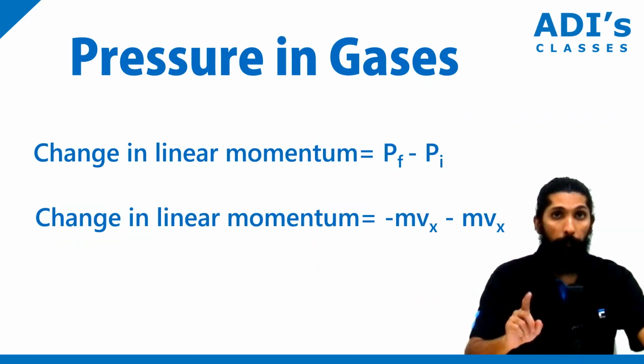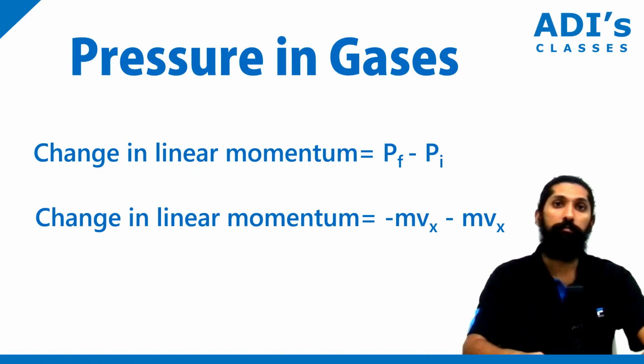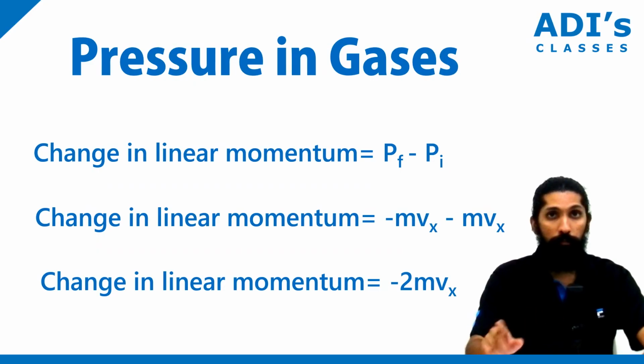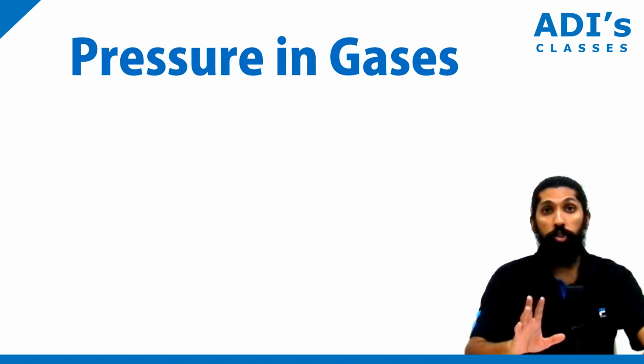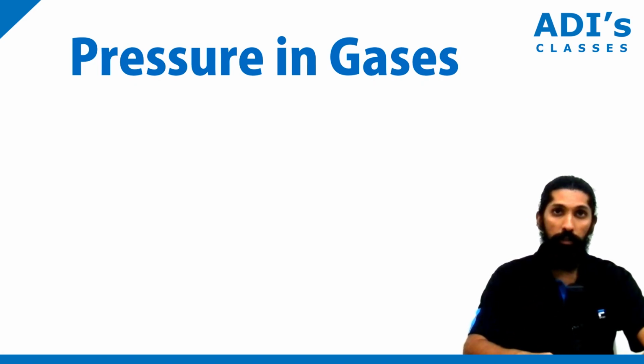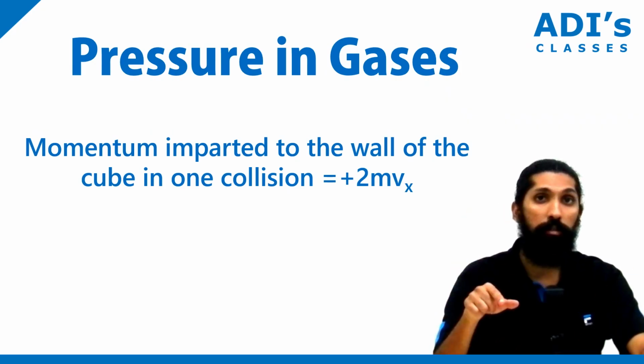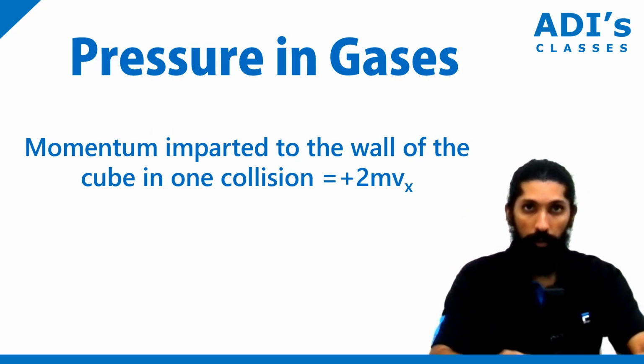The final is minus m Vx, so minus mVx minus mVx, which is minus 2mVx, correct? That is the change in momentum of the particle. Let's do the same for the wall. The momentum imparted to the wall is going to be plus 2mVx, isn't it?